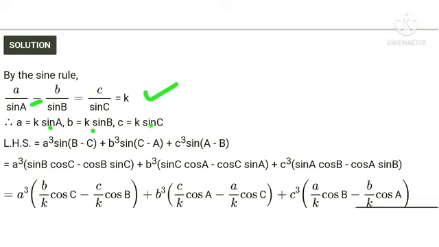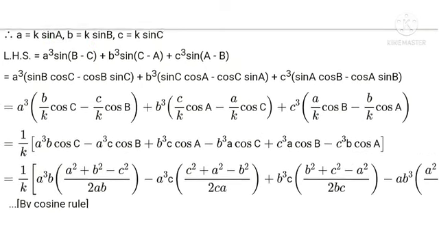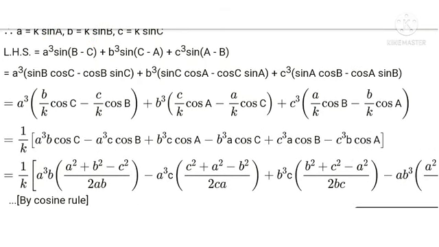You write LHS first. In the LHS you write sin(b minus c), sin(c minus a), and sin(a minus b). Which is the formula? You remember in 11th standard you had learned sin(a minus b) is equal to sin a cos b minus cos a sin b. So you write here this. Here sin b cos c minus cos b sin c.